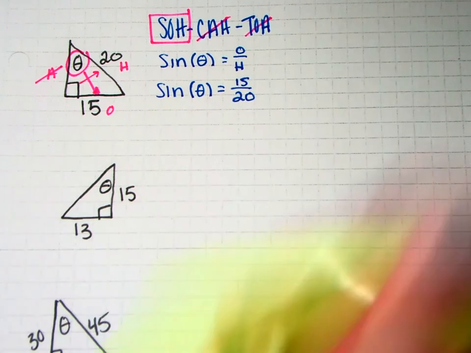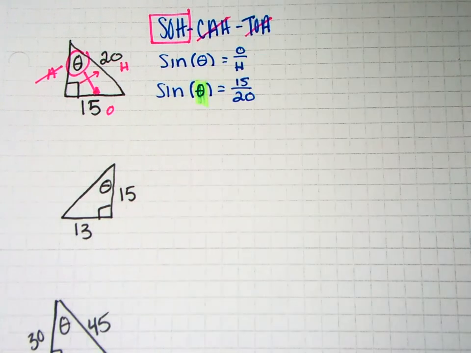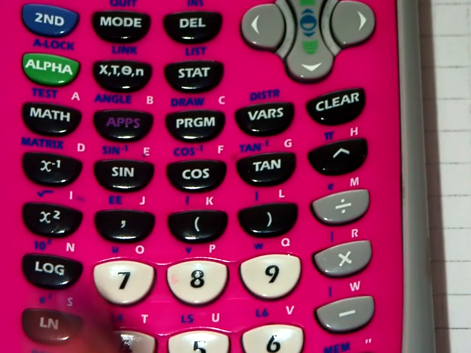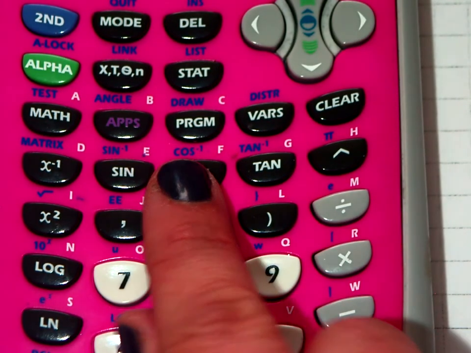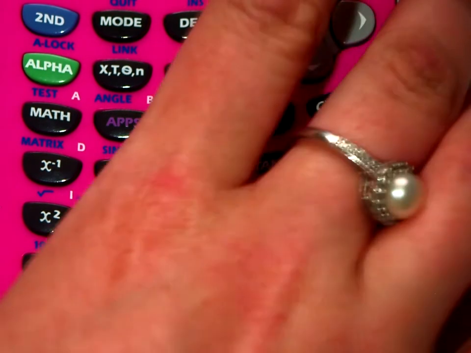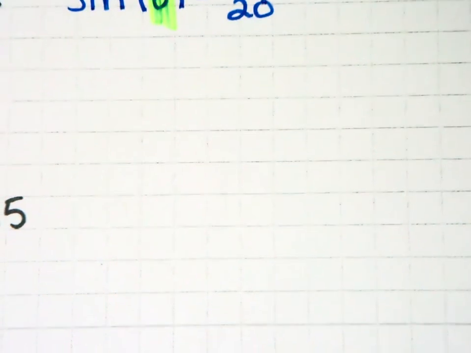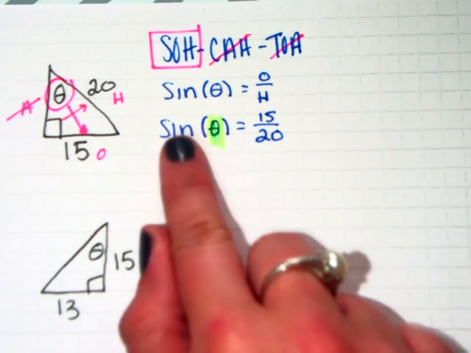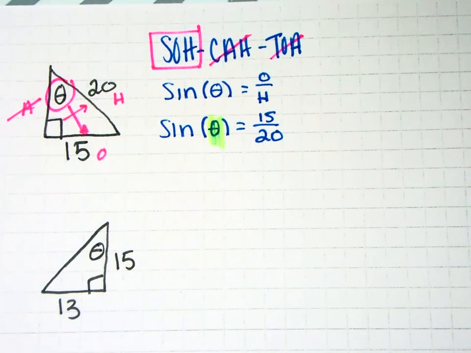Now in this type of problem, my unknown variable is the actual angle, and we're going to be utilizing these pieces of your calculator that have sine to the -1, cosine -1, and tangent -1. These allow you to solve for the angle measure. So since this is sine, to break apart sine and theta, I need to use my -1.